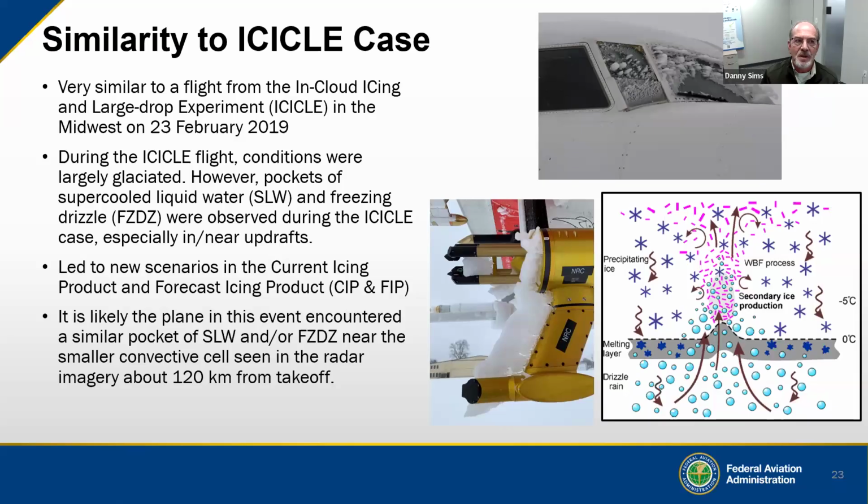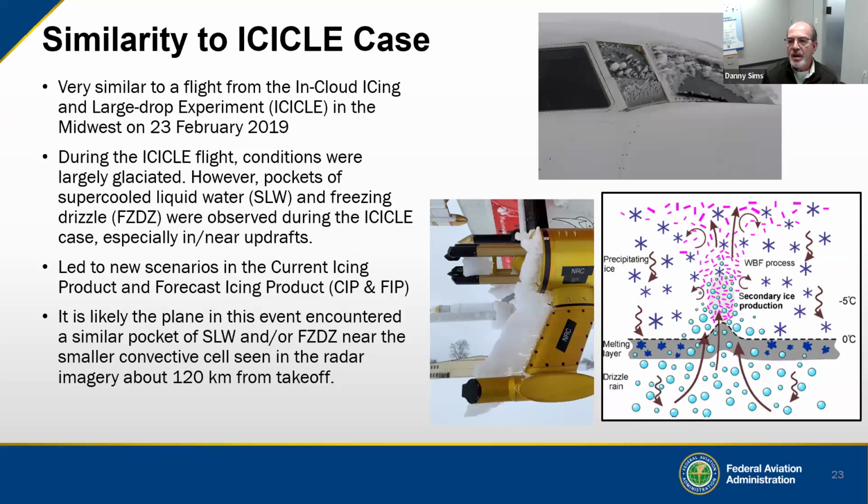This was very, very similar to a case that we in the FAA observed back in the winter of early 2009. The FAA, in conjunction with our Canadian partners, conducted a field program called ICICLE, the In-Cloud Icing and Large Drop Experiment, in cooperation with the National Research Council of Canada.